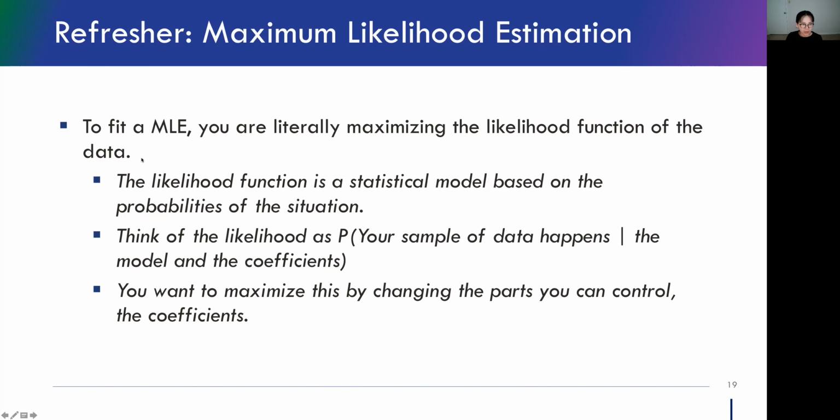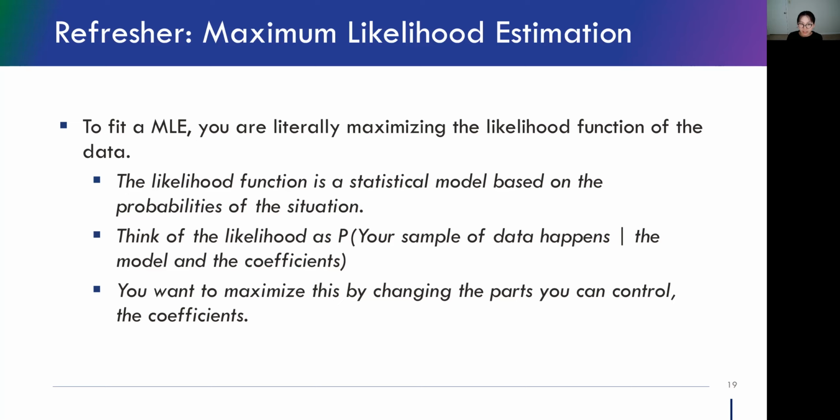Now a refresher about maximum likelihood estimation. MLE is short for maximum likelihood estimation. You are literally maximizing the likelihood function of the data. The likelihood function is a statistical model based on the probability of the situation.